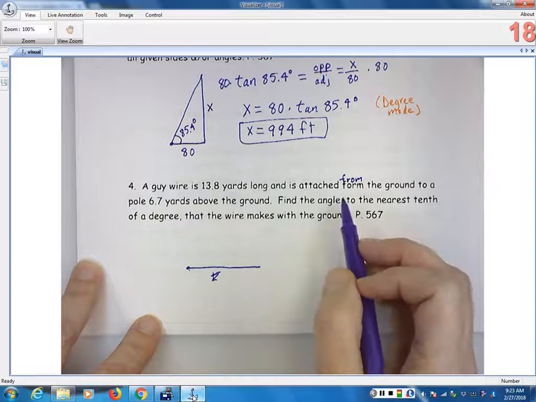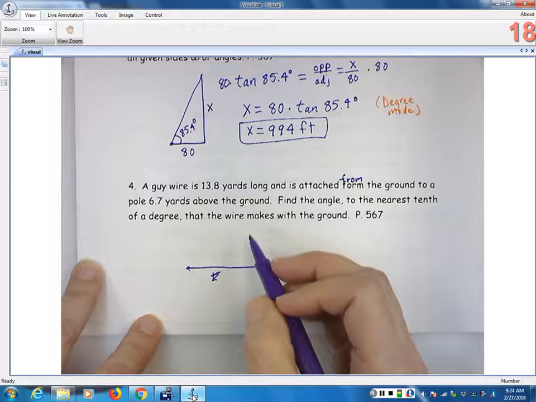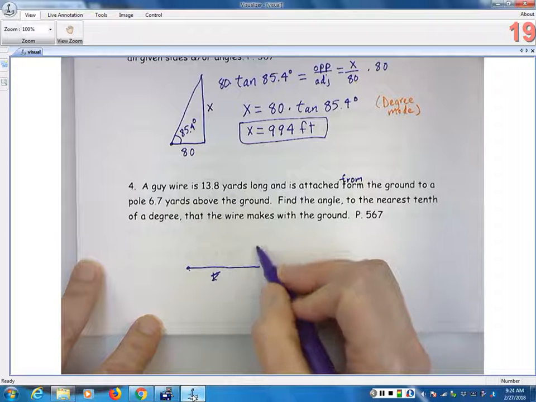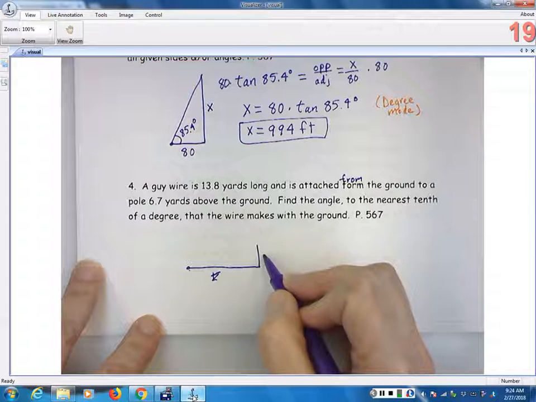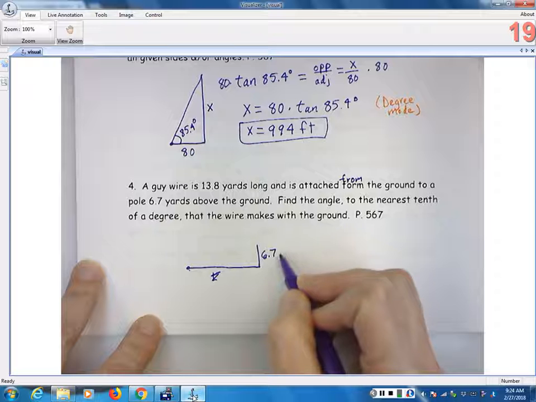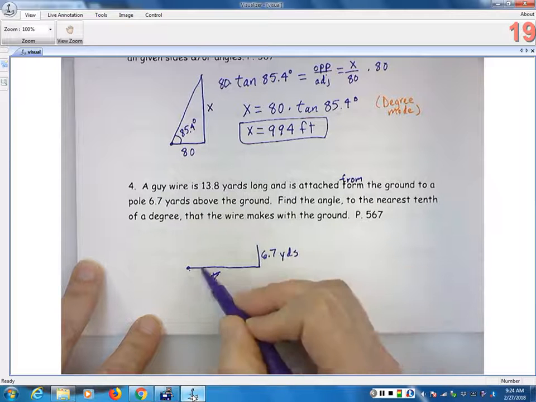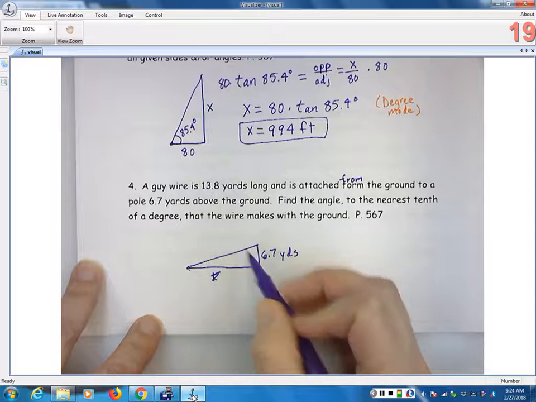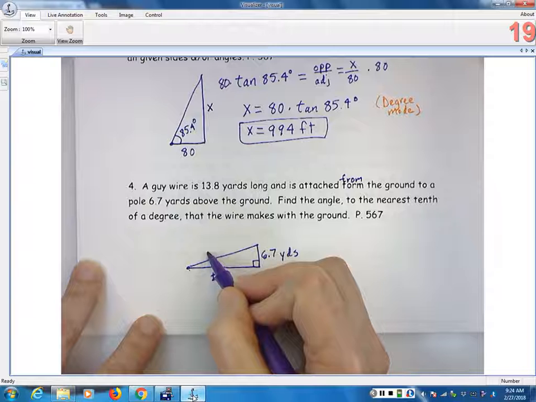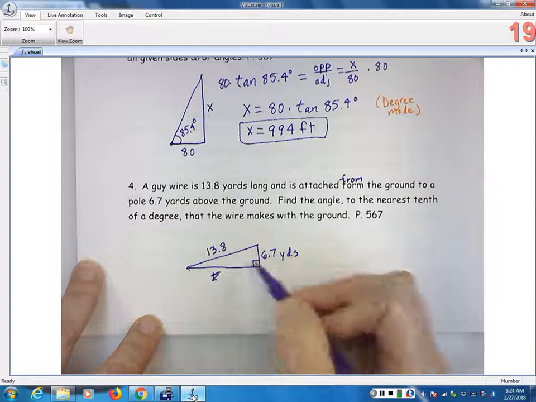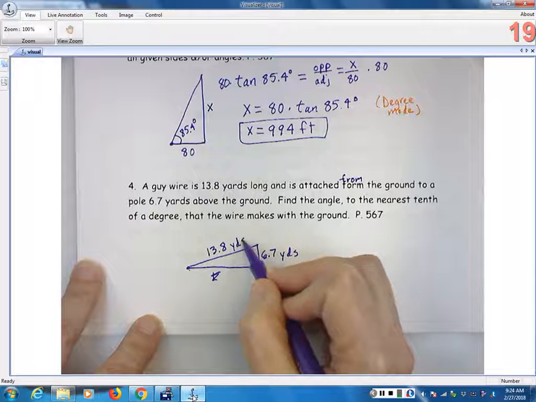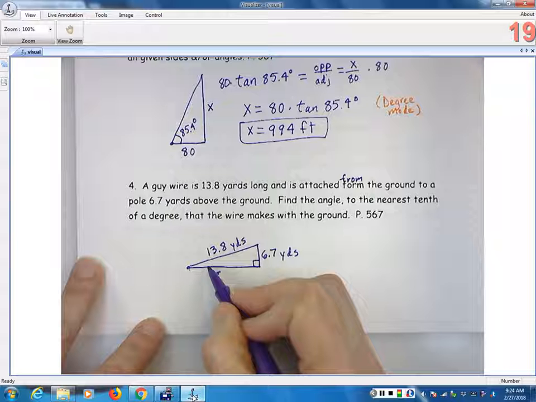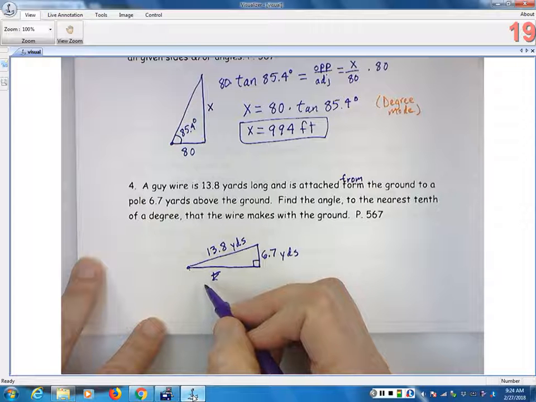It's attached from the ground to a pole 6.7 yards above the ground. So this is a pole, this is 6.7 yards. And this is our guy wire. This is 13.8 yards. Find, to the nearest tenth, the angle that the wire makes with the ground.